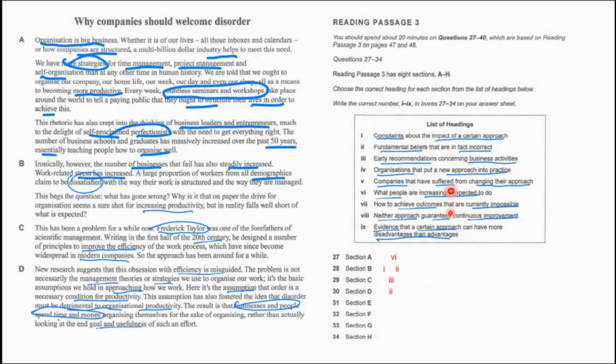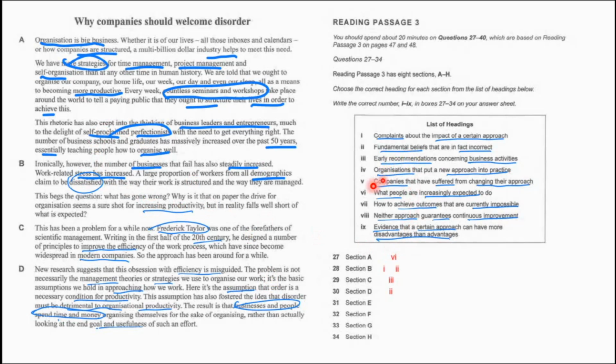So let's check the next options. Early recommendation, when it comes to this, should have any year or something about a long time ago mentioned here, so it's not mentioned here. Organizations and companies, did they mention organization and company? No. In this paragraph, organizations means company and organized means order. So remember this difference.